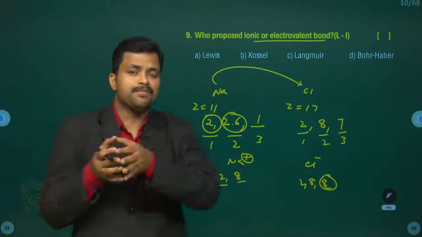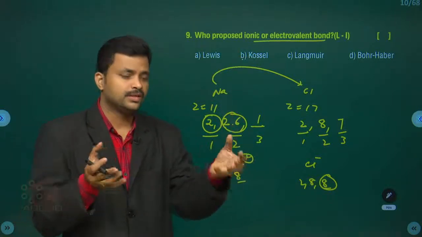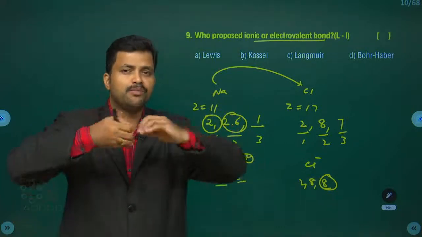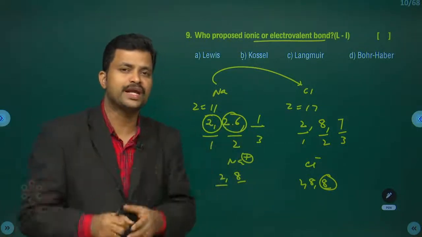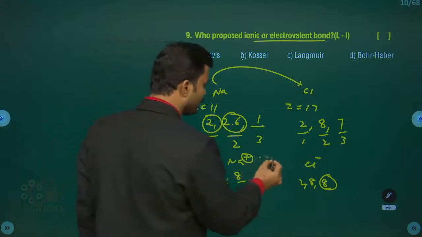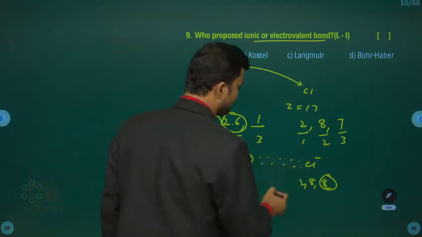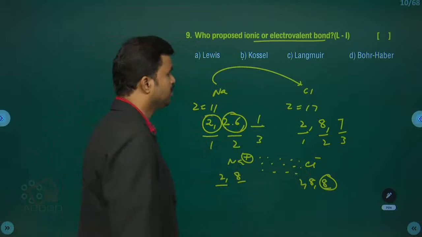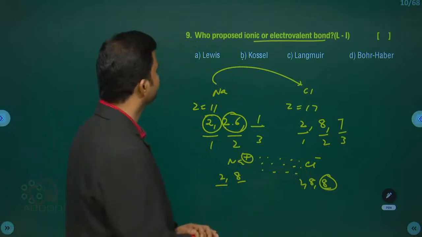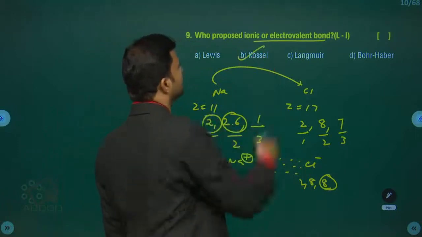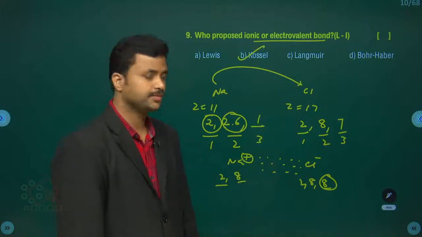Due to the complete transfer of the electron, the two opposite charges bind together through the electrostatic force of attraction, and that we call an ionic bond, right? This was again proposed by Kossel.